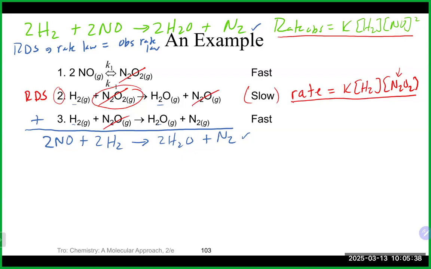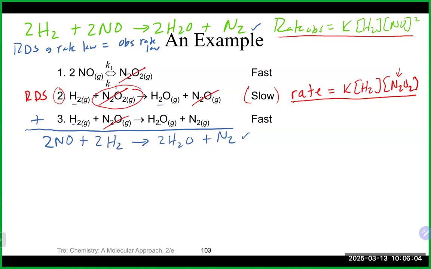Because our rate law for our slow step has that intermediate in it, we cannot directly compare it to the experimentally found one, because again, you have to compare apples to apples. So we have to do a little bit of math to manipulate this rate law and get rid of the intermediate and leave us, hopefully, with everything in the overall reaction.